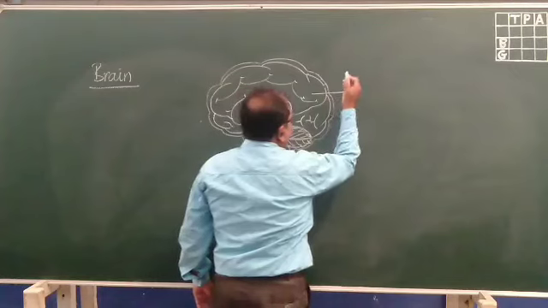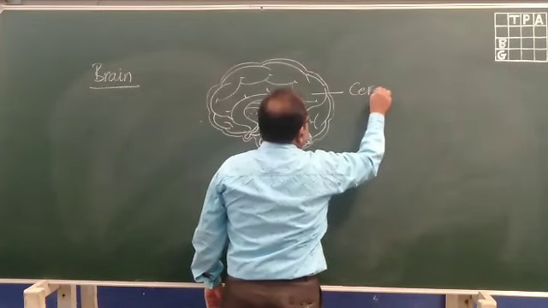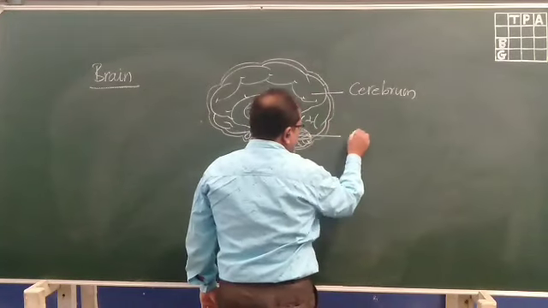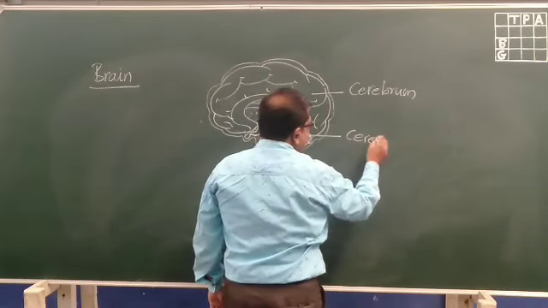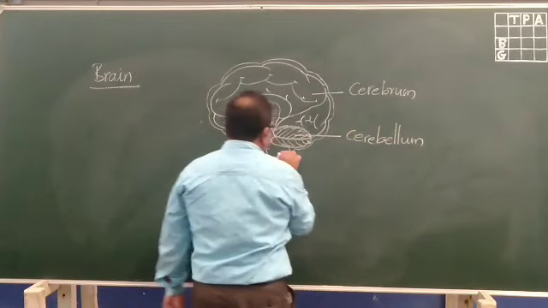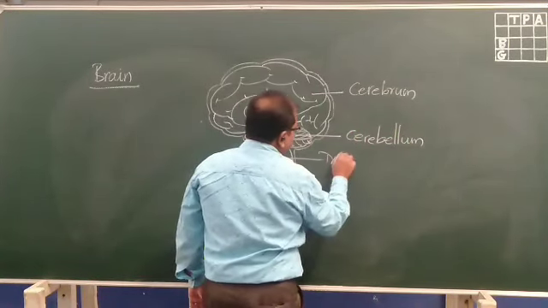The largest part of the brain is the cerebrum, then the cerebellum, and the medulla oblongata.